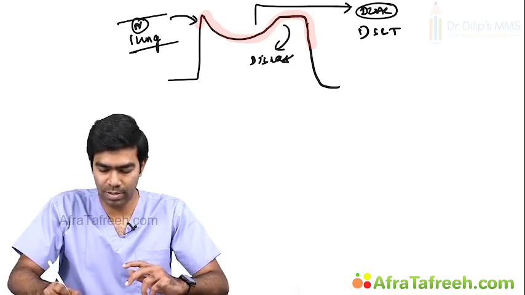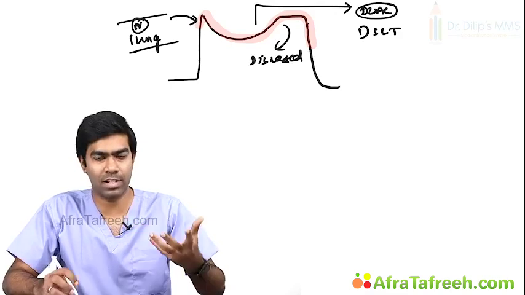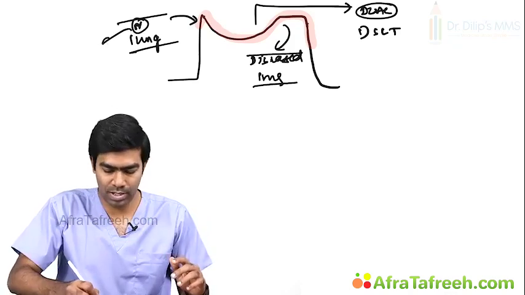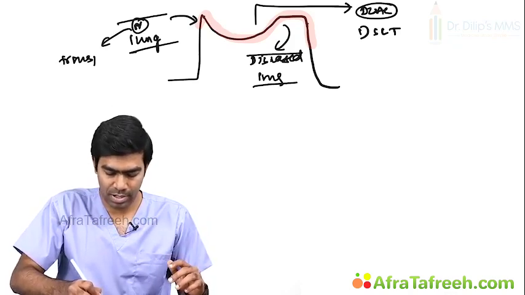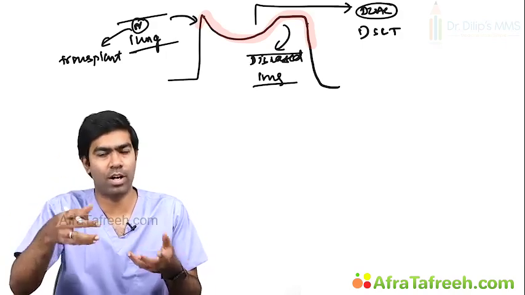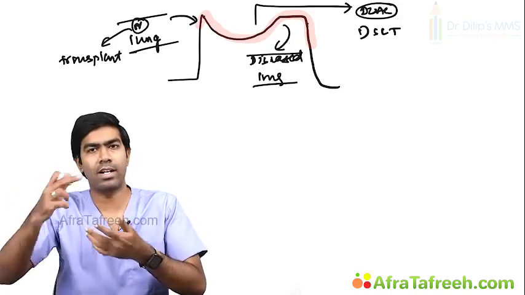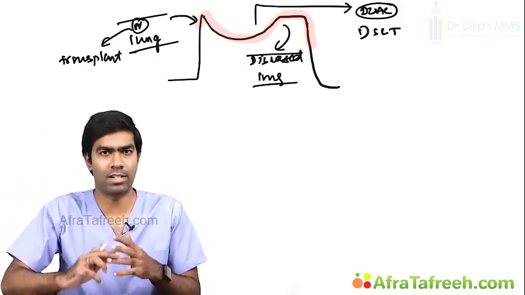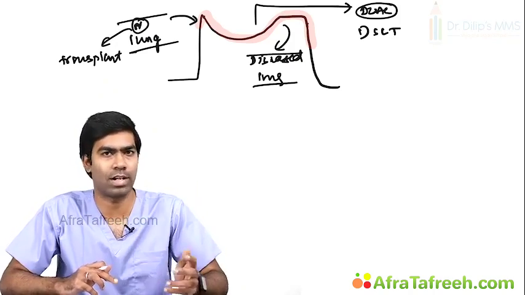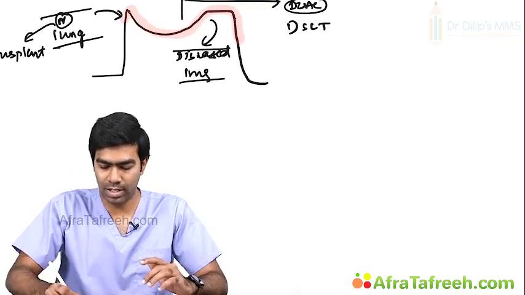In a single lung transplant, only one lung is normal, meaning the transplanted lung. The other lung is the patient's own diseased lung. So the first curve is from the transplanted, good functioning lung, and the second peak is from the diseased lung, the patient's native lung which has not been taken out during the transplant. So this is single lung transplantation.